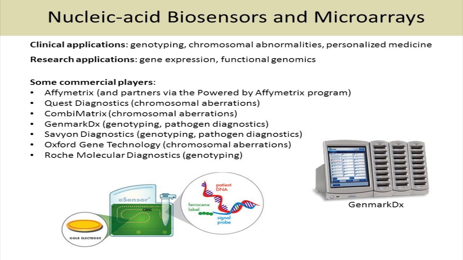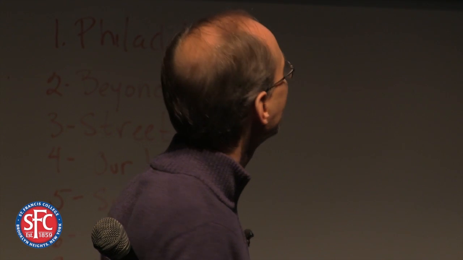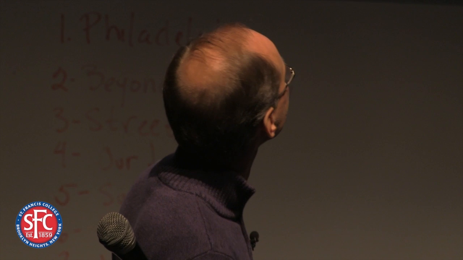So for example, you might be interested in characterizing a sequence variation in a patient that might tell you about how to treat them better. So perhaps the sequence variation means that they respond better to drug A rather than drug B for a particular condition. So sort of the concept of personalized medicine.